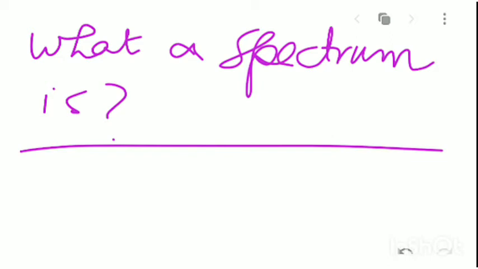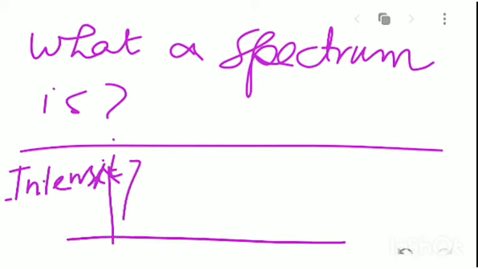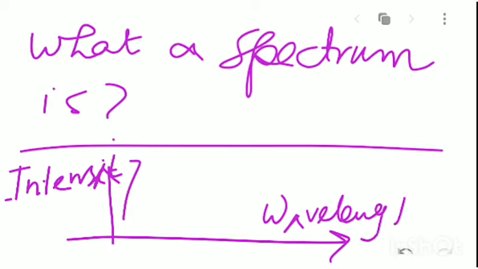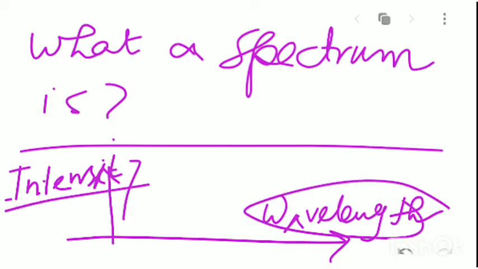We can easily plot the intensity, and on the x-axis we can plot the wavelength. This intensity versus wavelength graph is called the spectrum graph of those quantities.